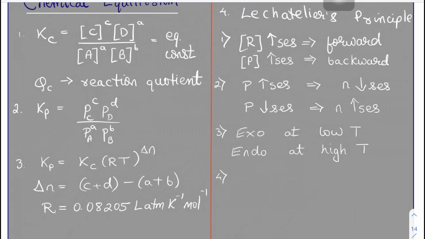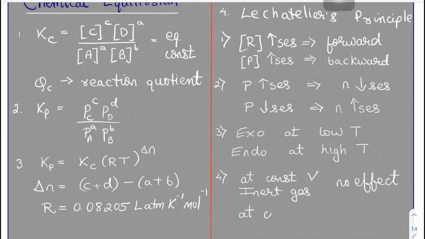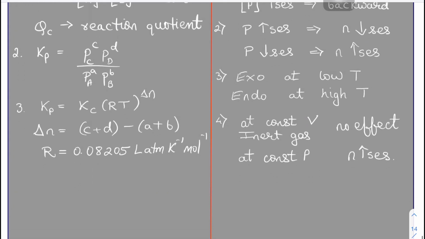If inert gas is added at constant volume, no effect. But if it is added at constant pressure, then the reaction moves in the direction where the number of moles increases. That should be it with respect to chemical equilibrium.